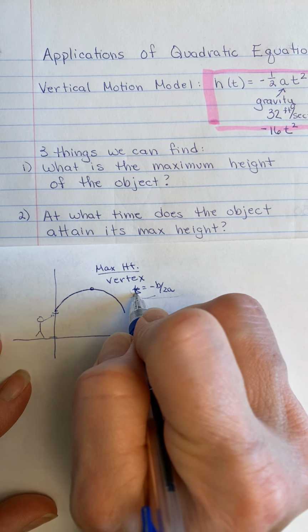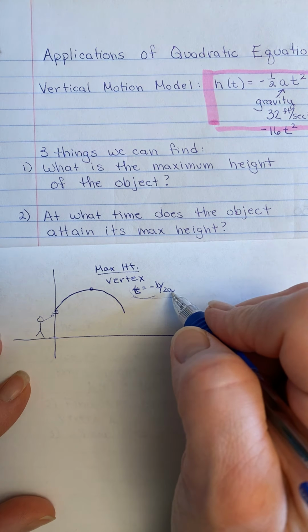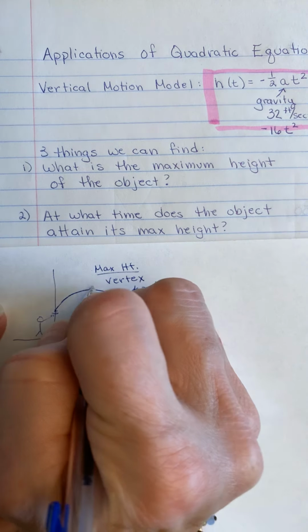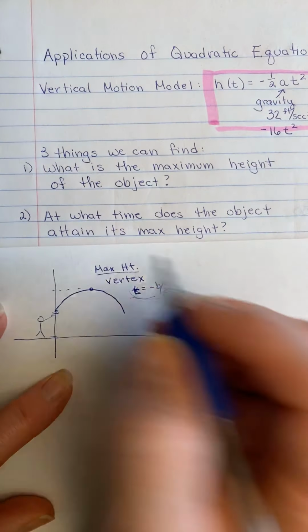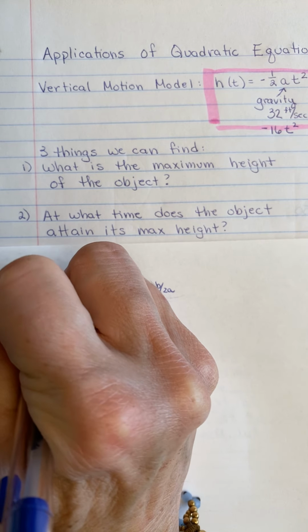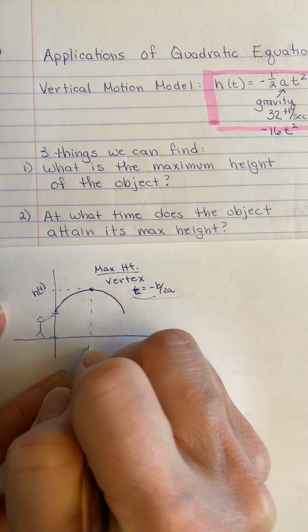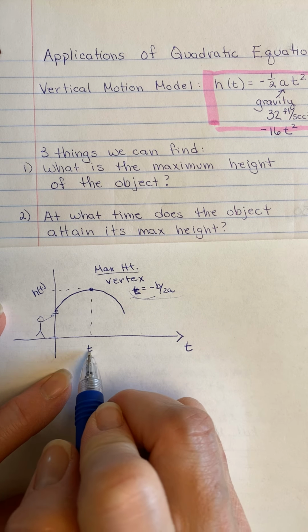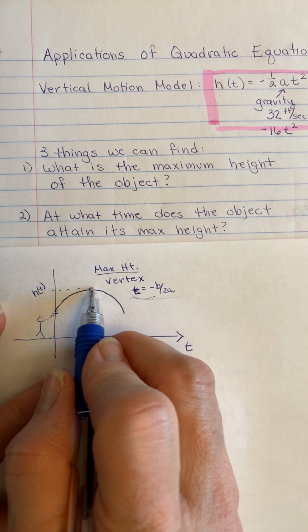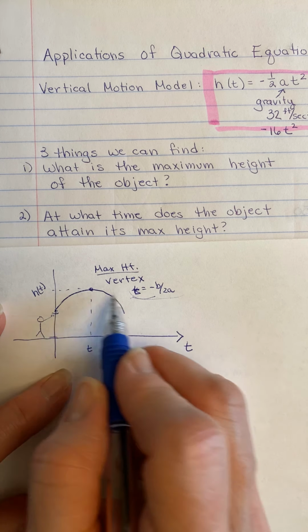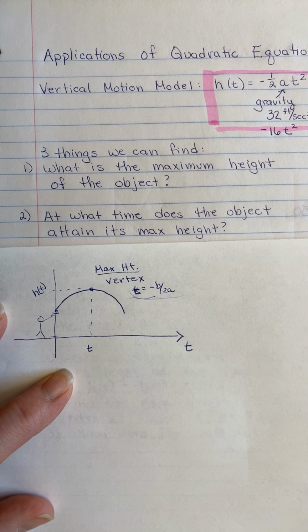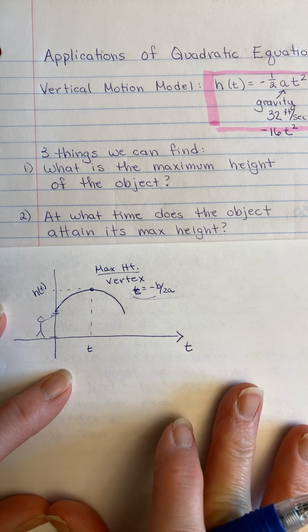You could say this is the t coordinate of when the maximum height occurs. But how do we find this coordinate? That's h of t, or y. So this would be the t, negative b over 2a, when the maximum height occurs. Plug it in to find the maximum height. We're just finding the vertex. Just kind of slightly different wording there.